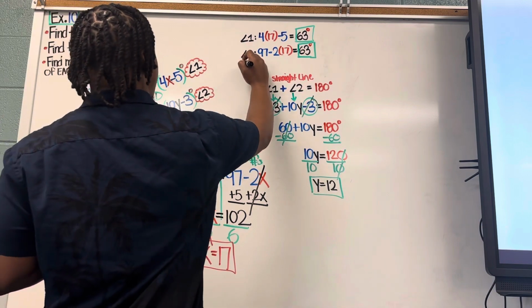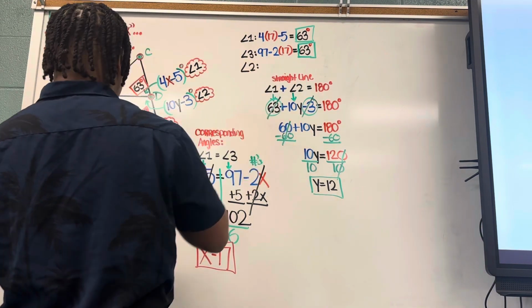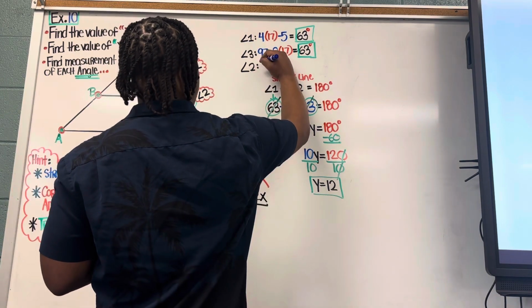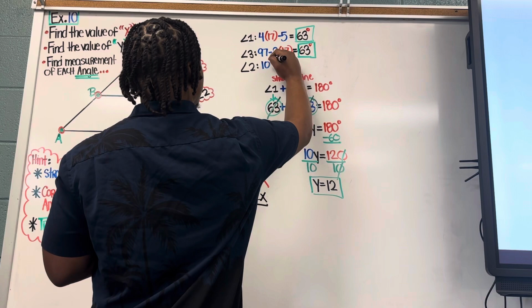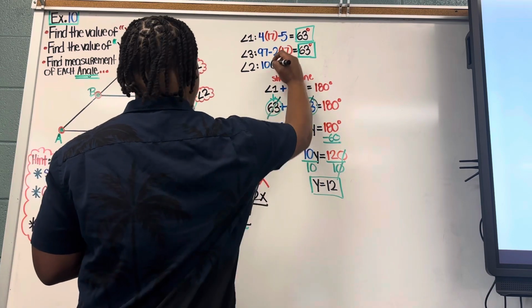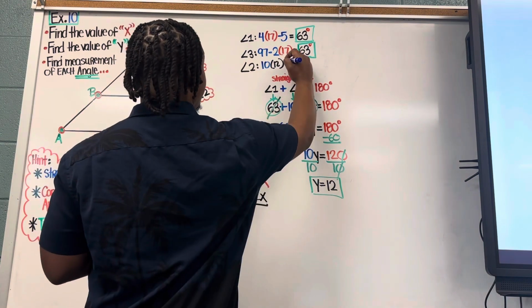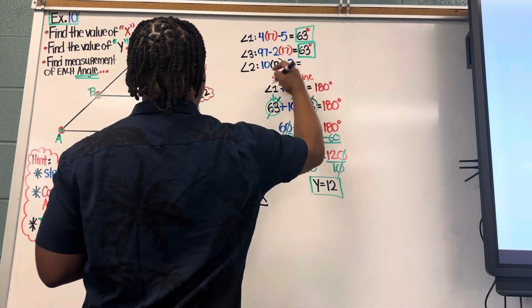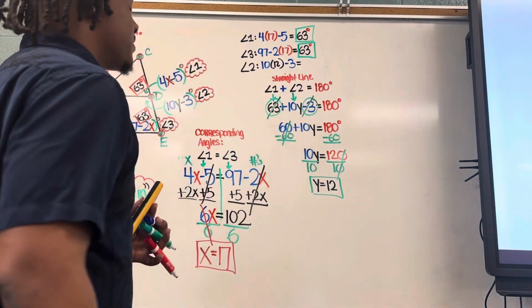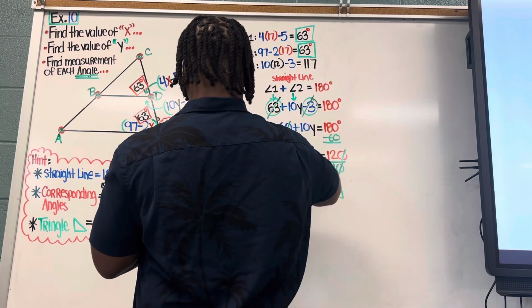So now let's do that. For angle 2, I have 10 times y, so it's going to be 10 times 12 minus 3. 10 times 12 is 120, minus 3 is 117.